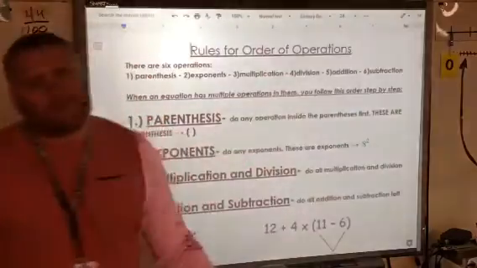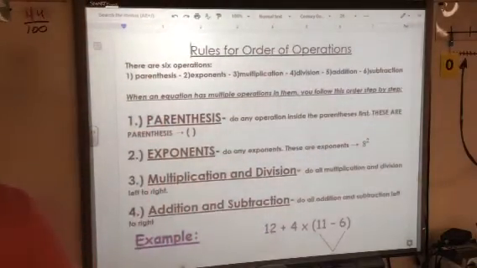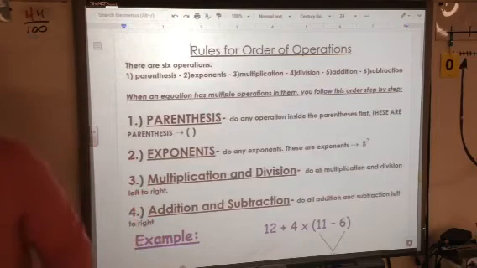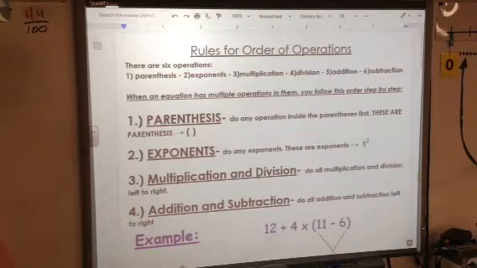But the order of operations. So in the problems that we're going to be practicing and in the problems that we're going to be learning, you'll notice that you have multiple operations with multiple different numbers. Now, you can't just perform and complete those problems any way you want or from left to right. Okay?